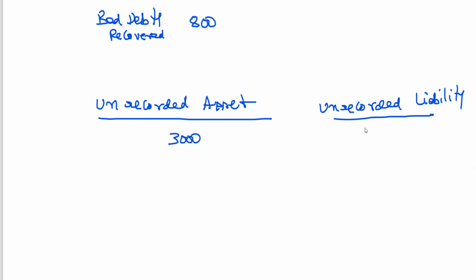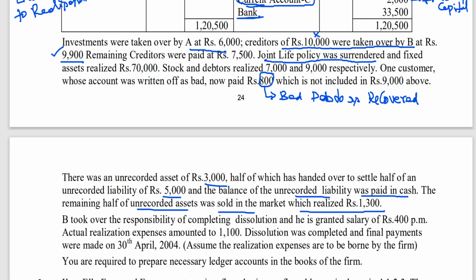Unrecorded liability 5,000. Now you can see, unrecorded asset of 3,000, half of which means 1,500, was handed over to settle half of an unrecorded liability of 5,000.